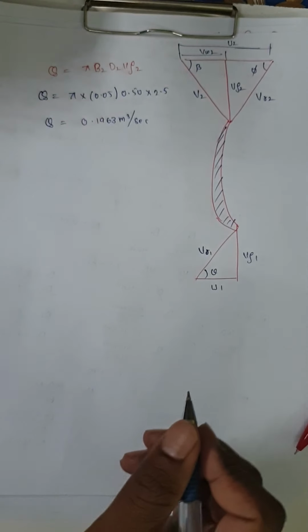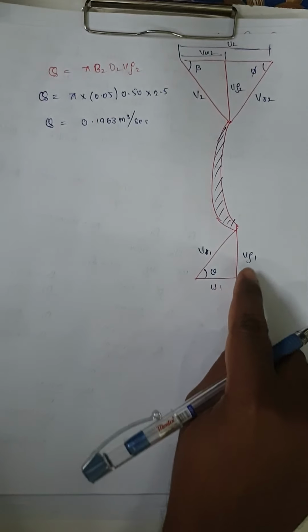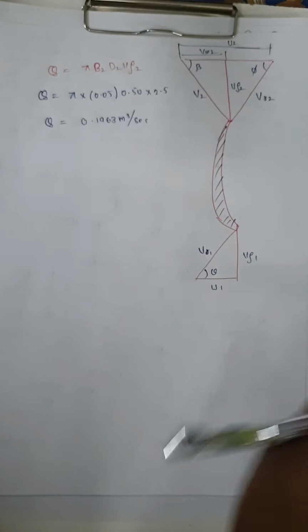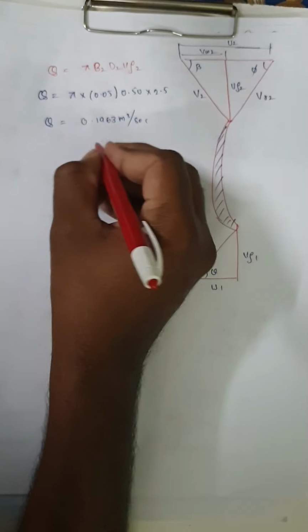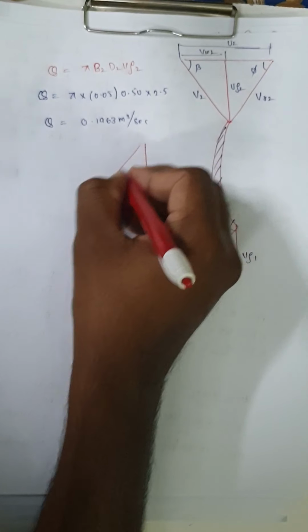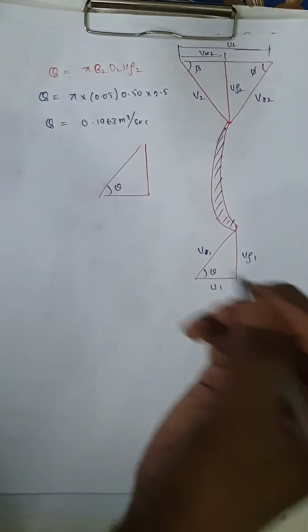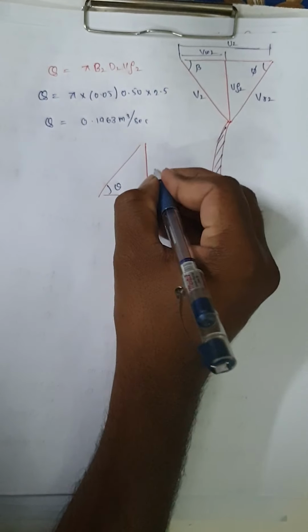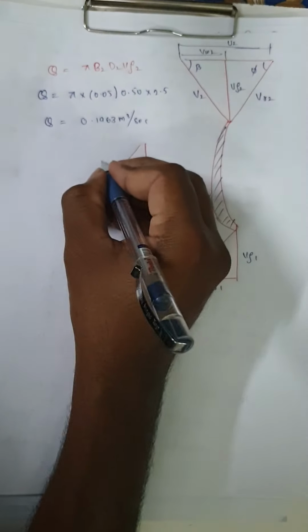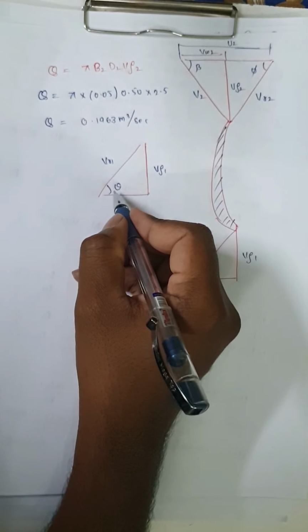Now what you have to find out is the inlet. u1 you know and Vf1 is known. So I am taking the inlet triangle, I know two values. This is theta you have to find out, u1, this one is Vf1, and this one is Vr1.